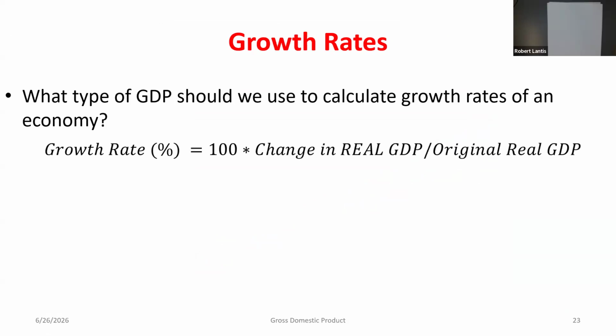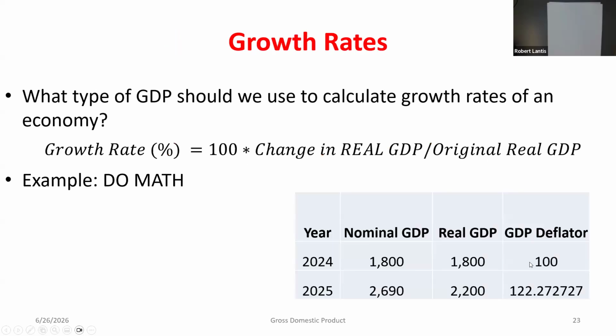So our growth rate as a percentage is going to be the change in real GDP divided by the original GDP of the year where we started out. So if I'm going from 2024 to 2025, what was the change in real GDP divided by my starting GDP, which would be the GDP in 2024. To get it as a percentage, we multiply by 100.